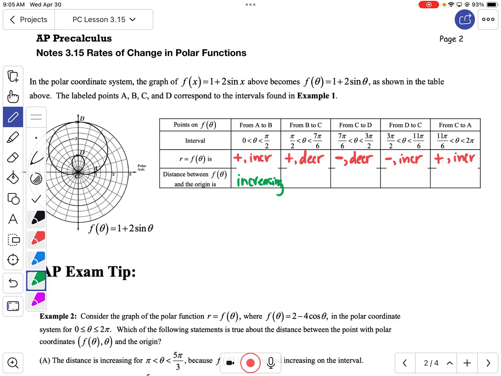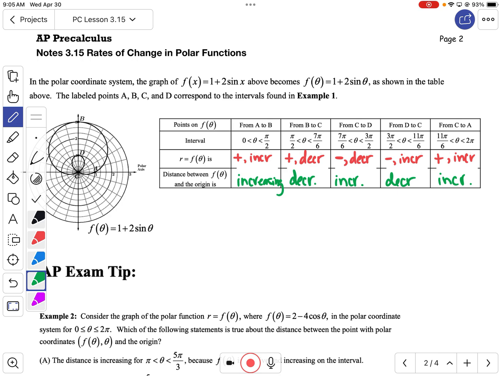Positive, decreasing, those are opposite descriptors, so the distance would be decreasing from the origin. All right. Negative, decreasing, same descriptors, it would be increasing. Negative and increasing, those would be opposites, so the distance is decreasing. Positive, increasing, same descriptors, the distance is increasing. And so that's how that's going to work.